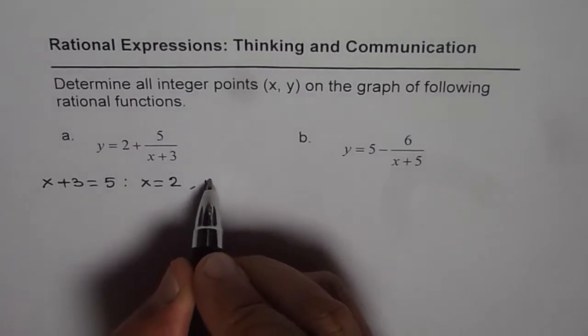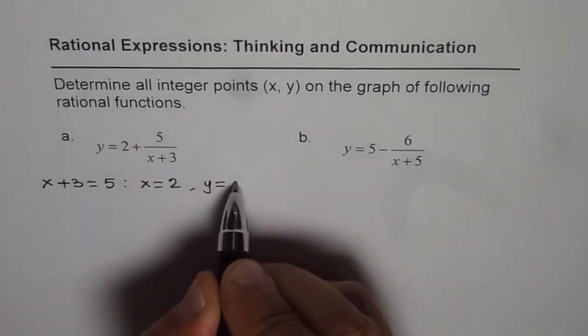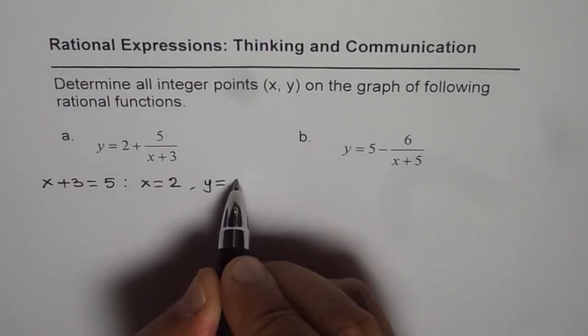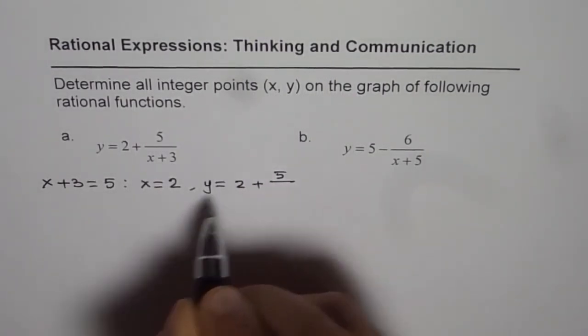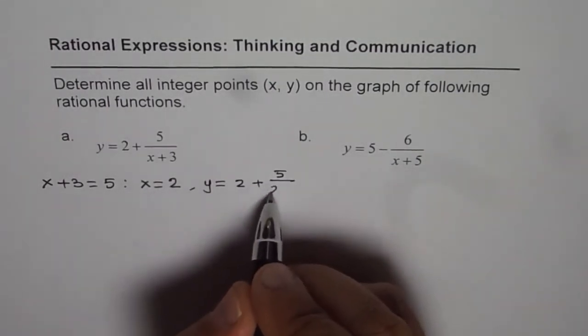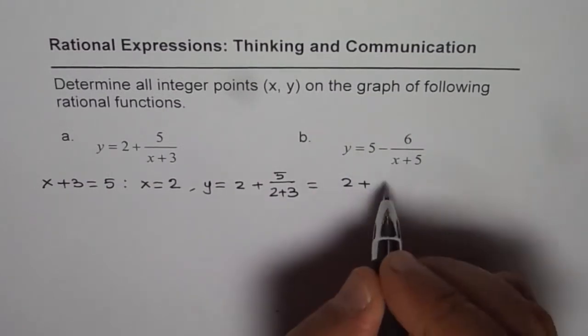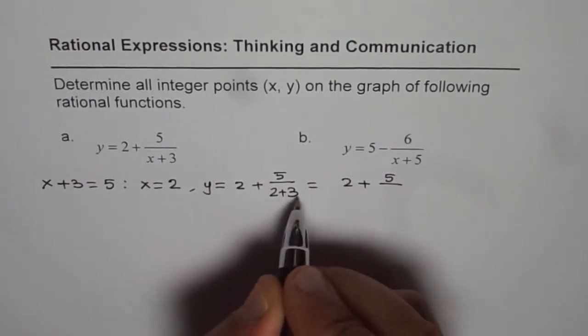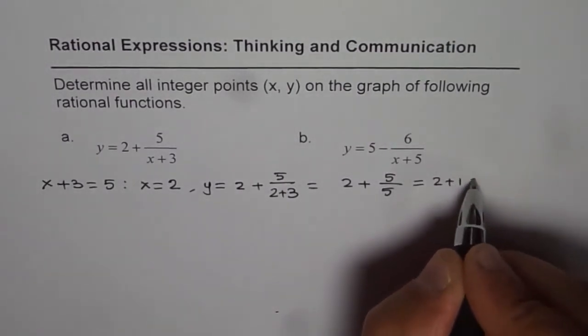So from here, I get y equals 2 plus 5 divided by, I'm writing x as 2, 2 plus 3, right? So that is equal to 2 plus 5 divided by 5, and that gives you 2 plus 1, that is 3.